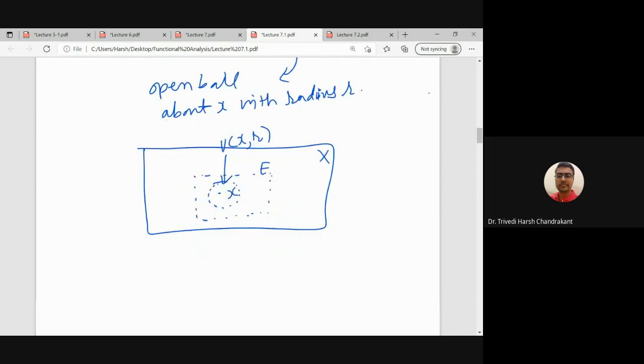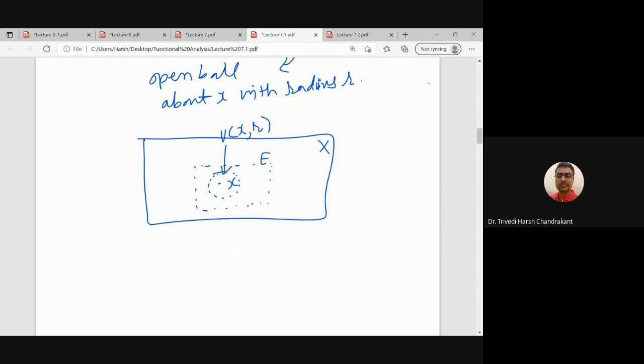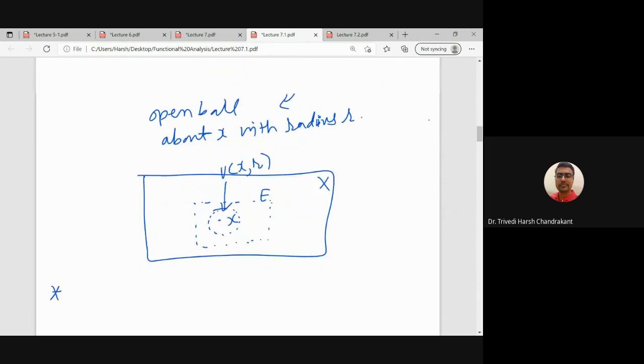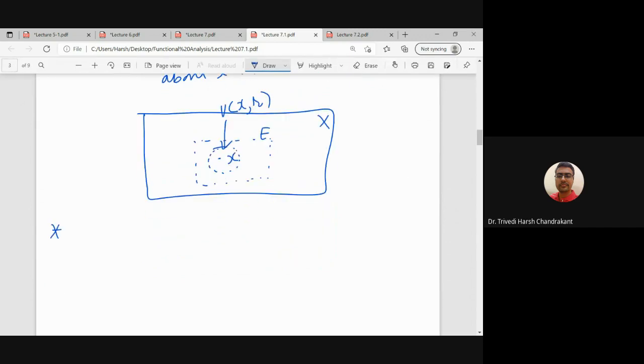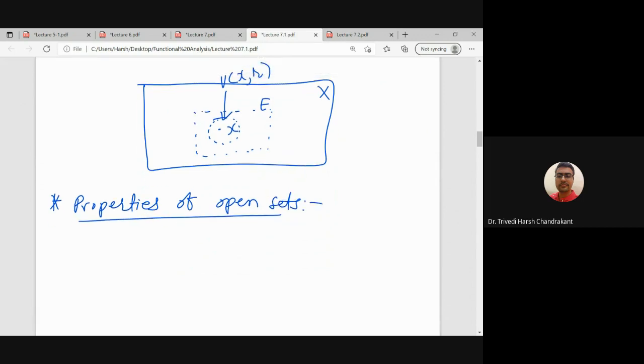So let us start with some idea about topology. Properties of open sets. If we have real numbers or a metric space, then we know certain properties of open sets.